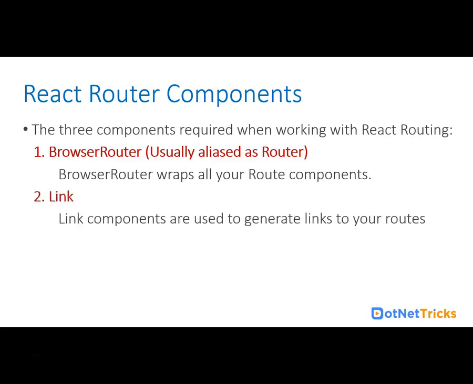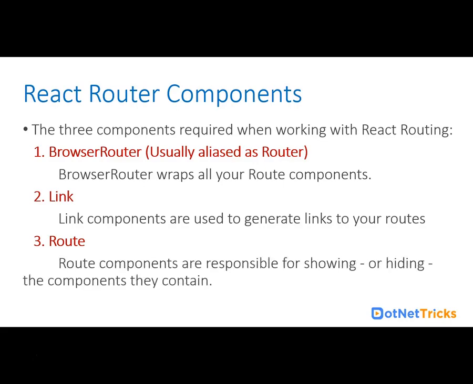The second is a link component that is used to generate the links to your routes or the navigations as well. And the third is a route, which is the most important component that takes many properties inside it. These components are responsible for showing or hiding the components they contain.